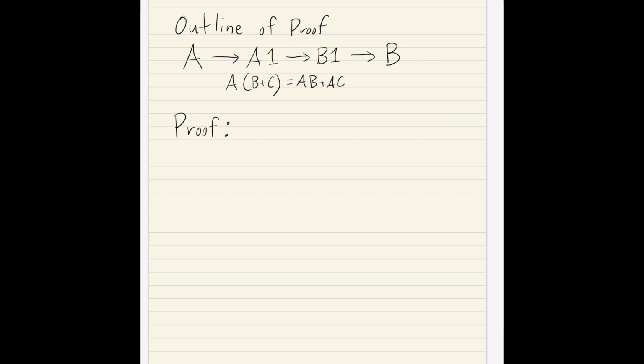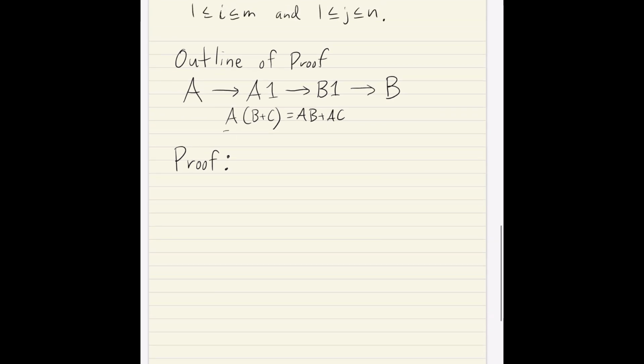So the first thing we're going to do with our proof is we're going to take the left-hand side, this one right here, and write that in the IJ form. And how can we do that?